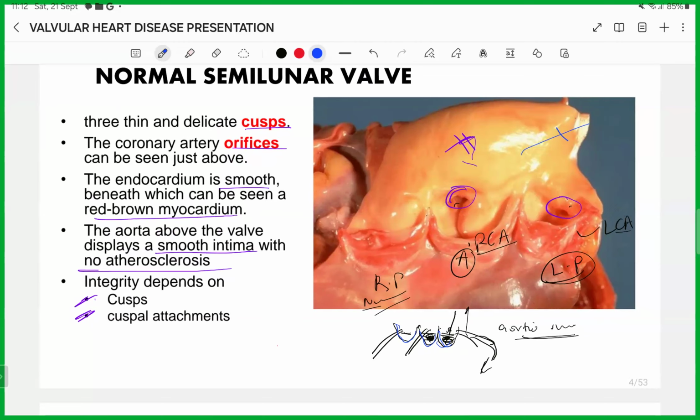So what is important to appreciate here is how smooth this is. This is how smooth it looks normally. And an important thing is what provides integrity of this set of valves. Whatever is responsible for this integrity is, number one, the cusps themselves. So these cusps should be able to open and close.